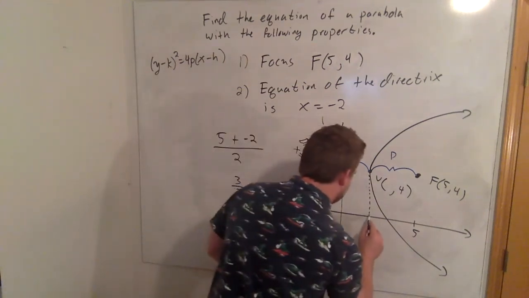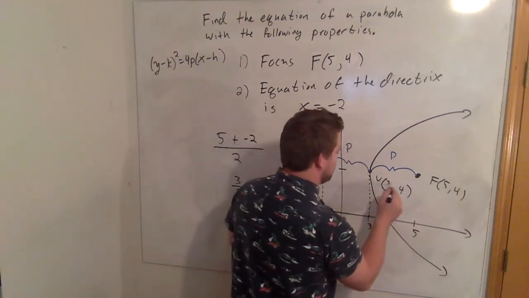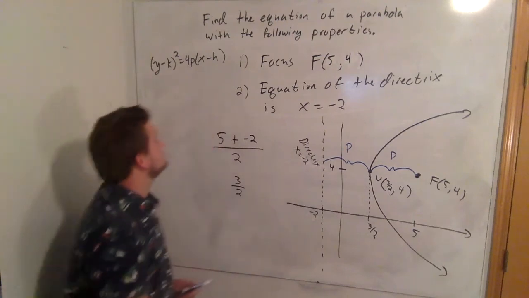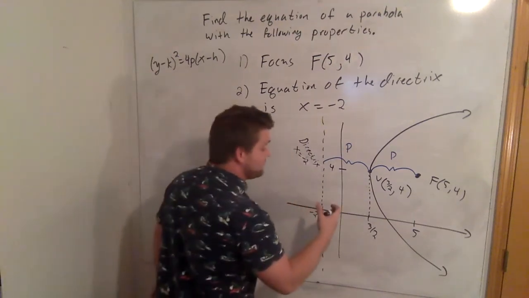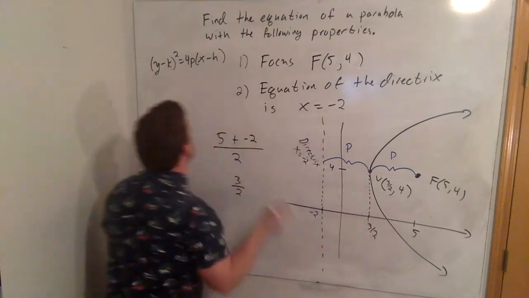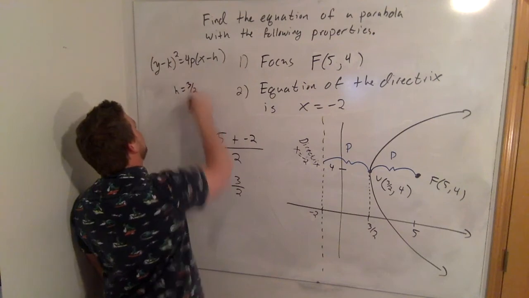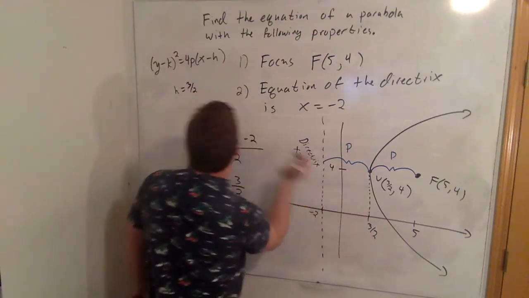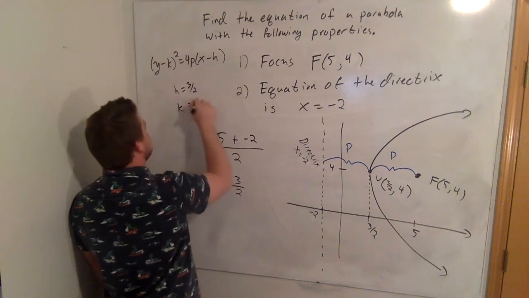This x-coordinate here will be 3/2, so the coordinates of the vertex are (3/2, 4). This tells us that the graph has been shifted to the right 3/2 units, so our h will be 3/2, and it's been shifted up 4 units, so our k will be 4.